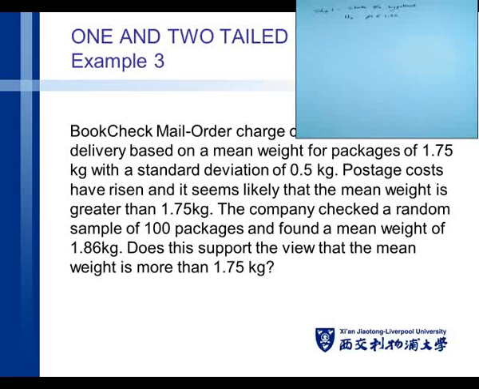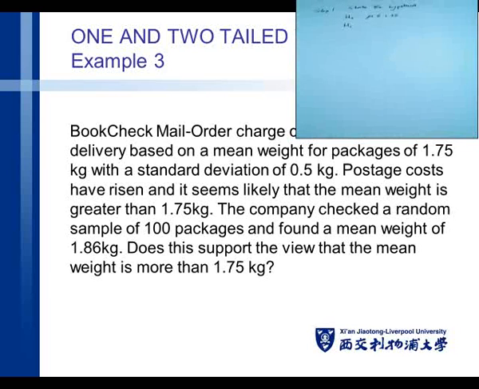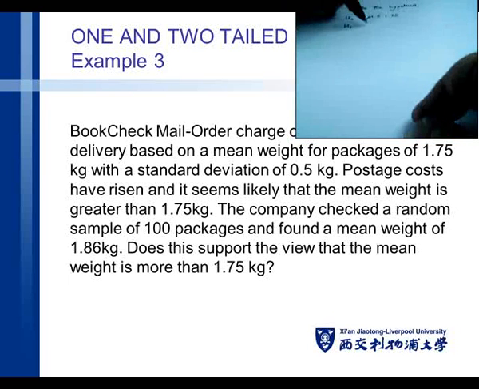And that is a problem, and that's what I wanted to check. The alternative is the logical negation of the null hypothesis, meaning all the other values greater than 1.75.